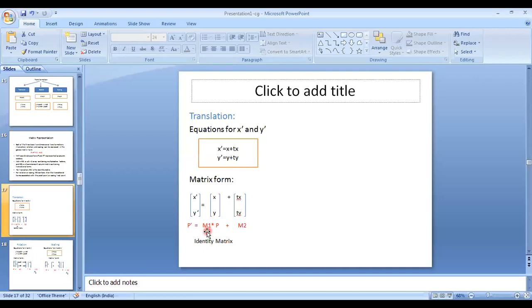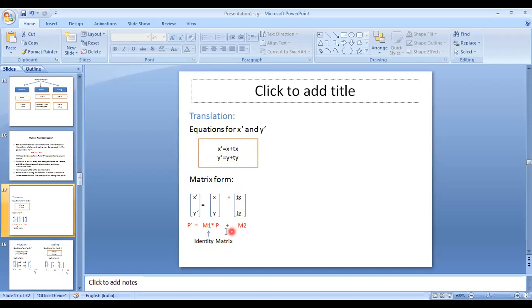So m1 will be the identity matrix in translation, and tx, ty becomes m2. So coming to my translation, x dash, y dash is p dash, these are column matrices, m1 is the identity matrix, and tx, ty becomes my m2.